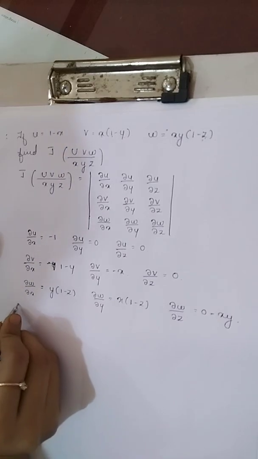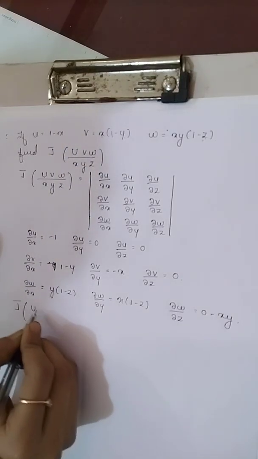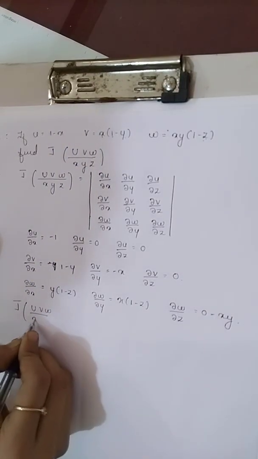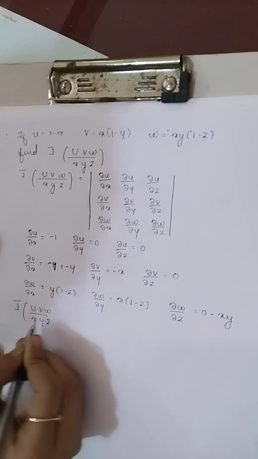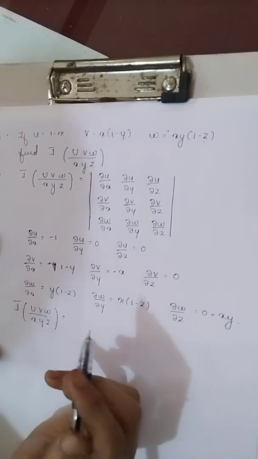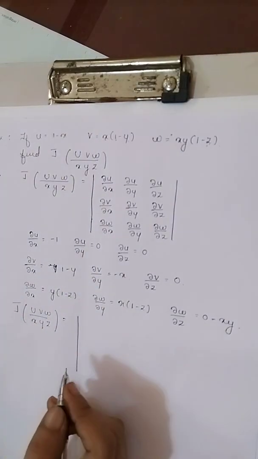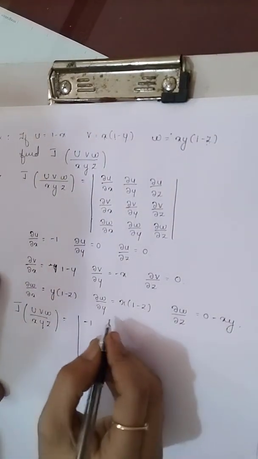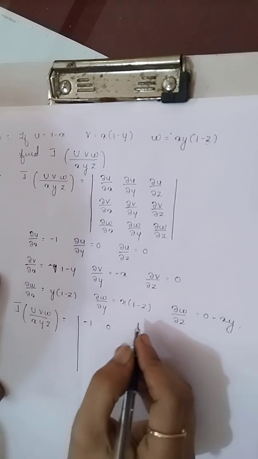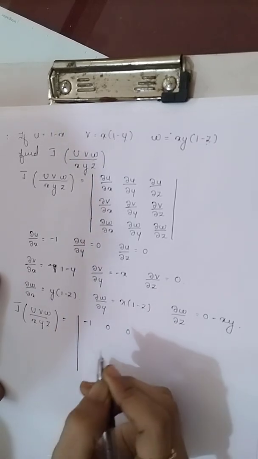So now the Jacobian of u, v, w with respect to x, y, z. Now put all these values. Dou u by dou x is minus 1. Dou u by dou y is 0. Dou u by dou z is also 0.